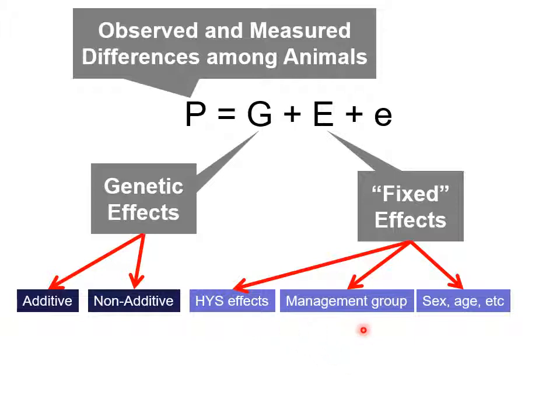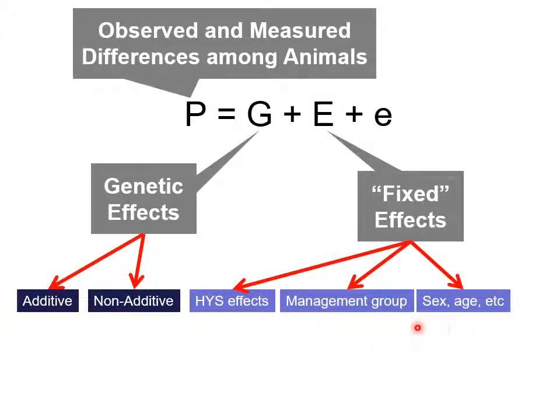Also the management group. So if you are a manager of a herd or a flock, and you manage some of the animals differently to others, maybe restrict them to certain camps and so forth, or it could be animals that you give extra supplement, maybe first calvers or virgin ewes, lambs, and you feed them differently, obviously there will be a management group effect.